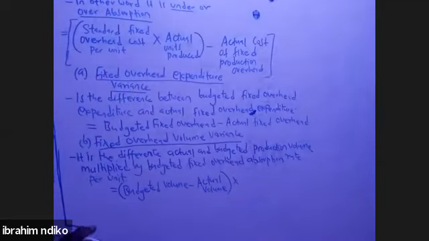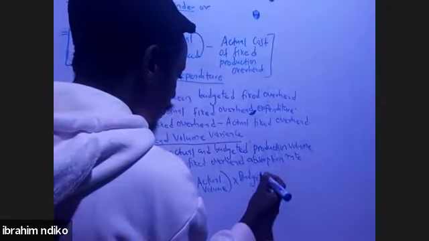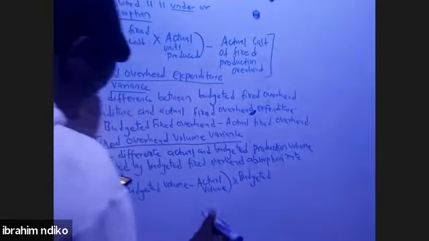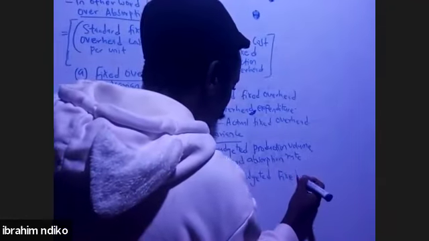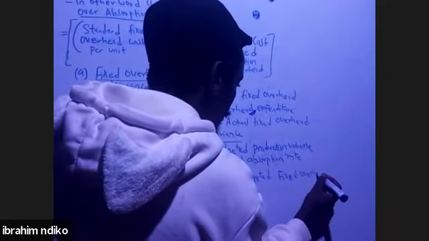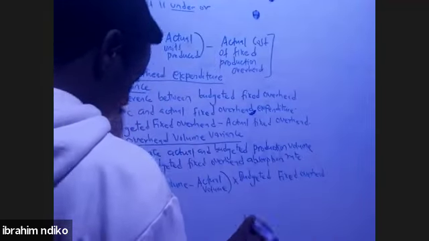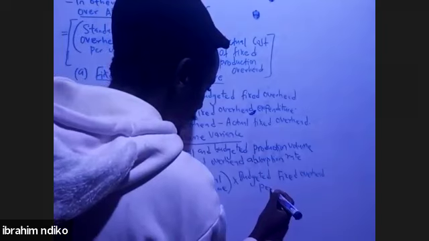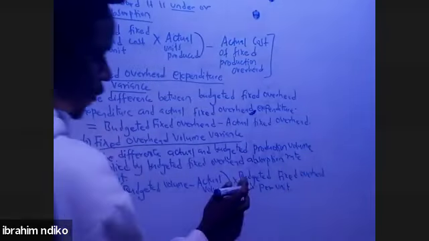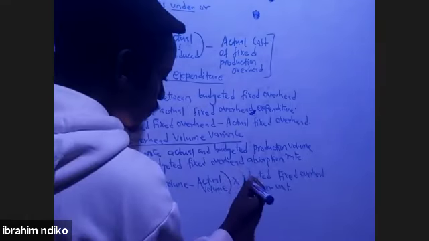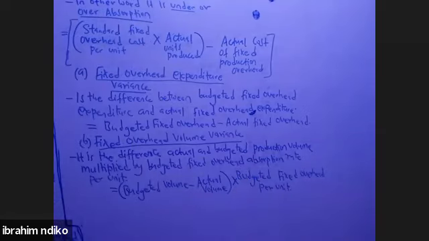Then we multiply with the budgeted fixed overhead per unit. Iko sawa kabisa.